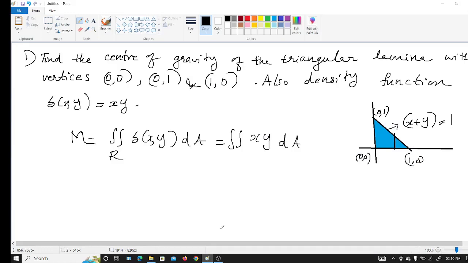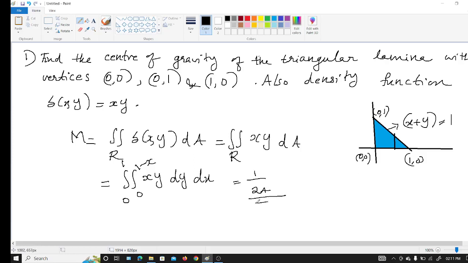Now the mass M equals double integral over R xy dA. Now you can consider this as xy into dy into dx, and here y varies from 0 to 1 minus x, and x varies from 0 to 1, and the corresponding answer is 1 by 24 that we already calculated.